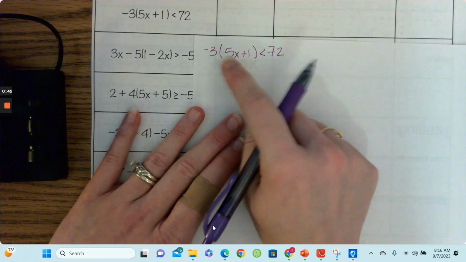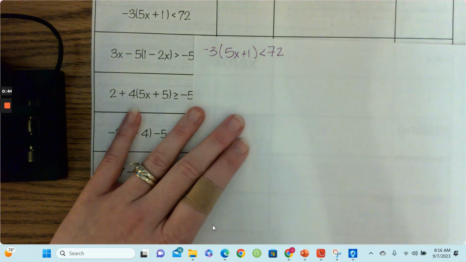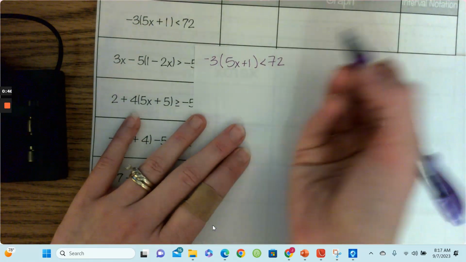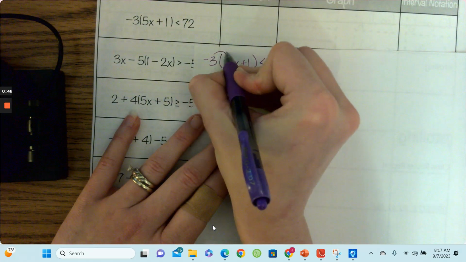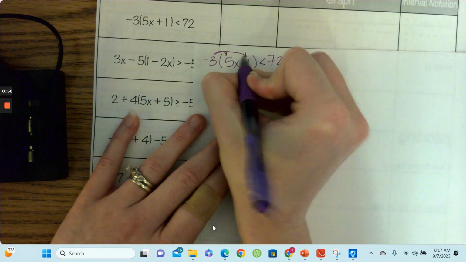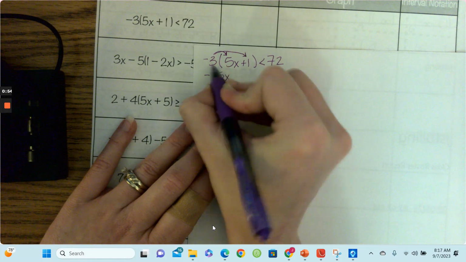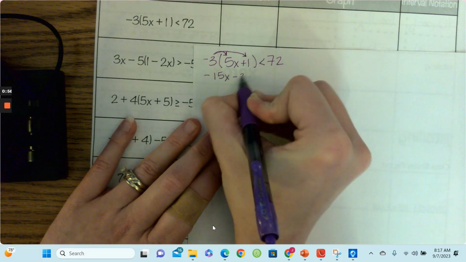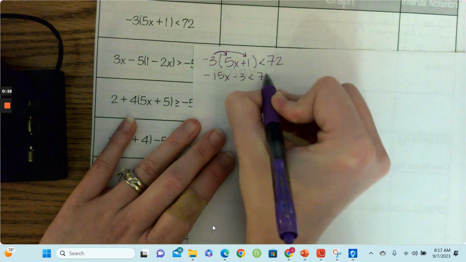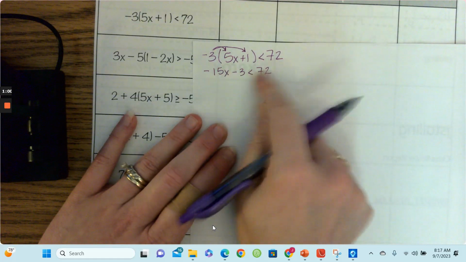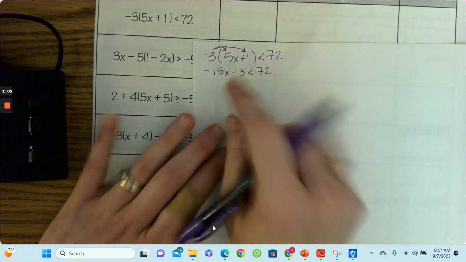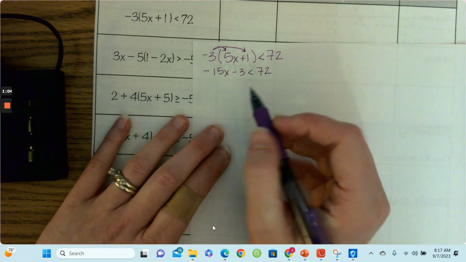I've got two options here. I can either divide everything by the -3 or we can distribute. If I distribute, I'd have -15x, -3 times 1 is -3, is greater than 72.